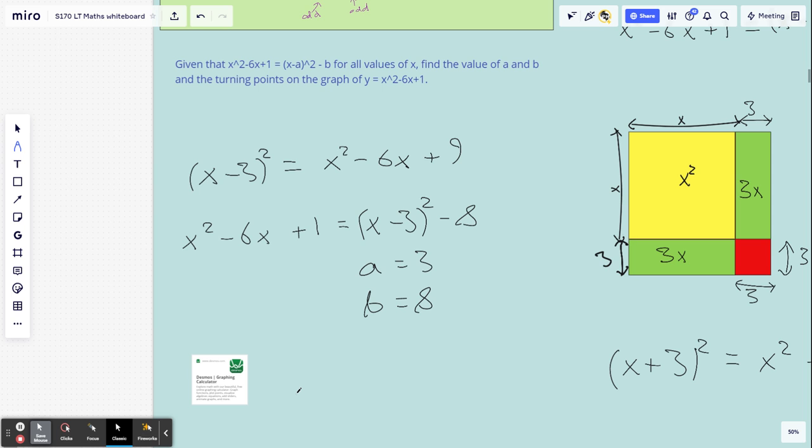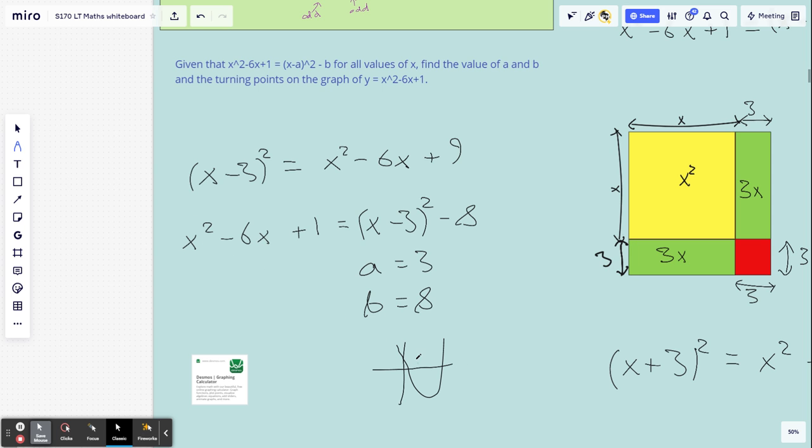So the main point of completing the square is that it helps you to find the turning points. Turning points really means in this case it would be the minimum value for y. All quadratic graphs will produce a curve either like this or upside down, depending on whether the multiple of x squared is positive or negative.